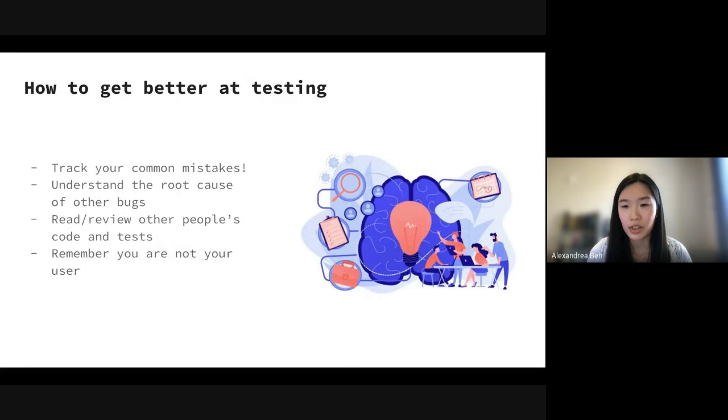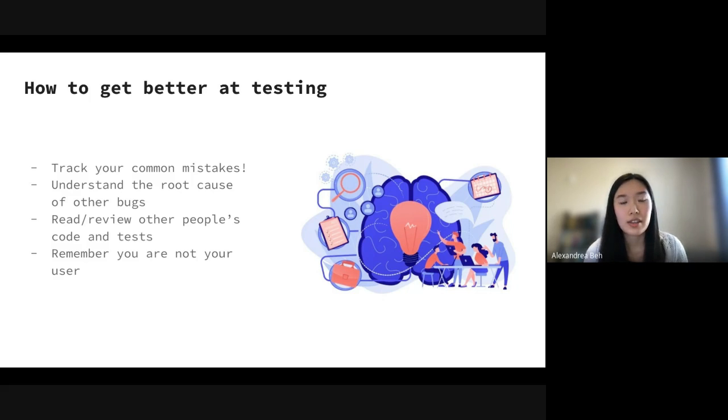Also remember that you are not your user. The vast majority of us writing code are going to think about how we interact with websites and other things pretty differently from the average user. And so remembering to have empathy and think like somebody else can go a long way into realizing that, oh, somebody else might just put every single block into the square hole, even if that's not what I intended.